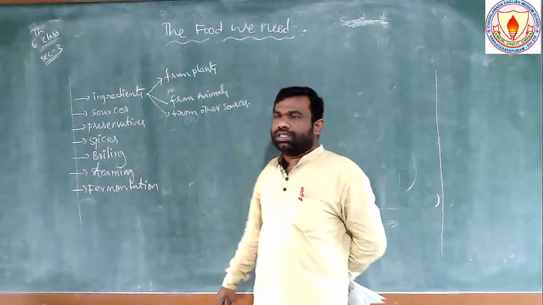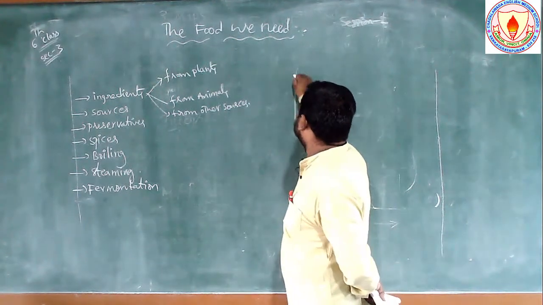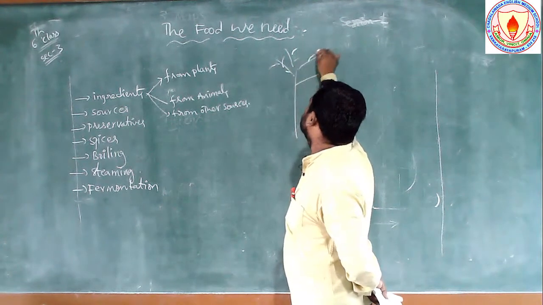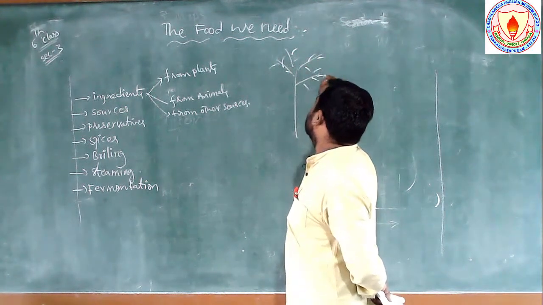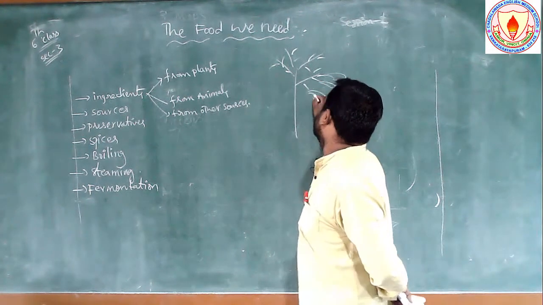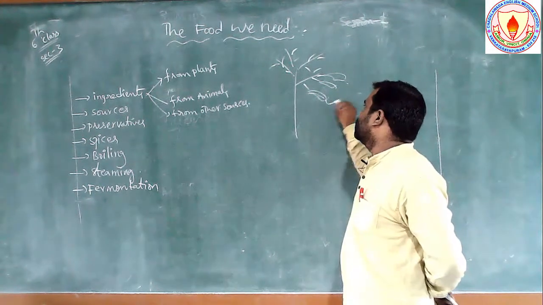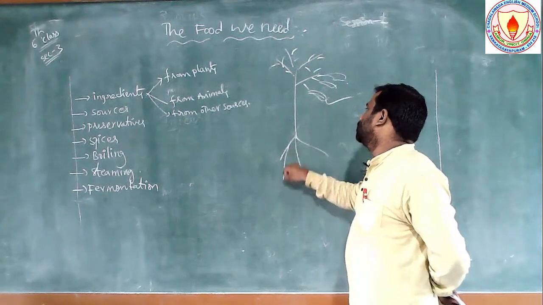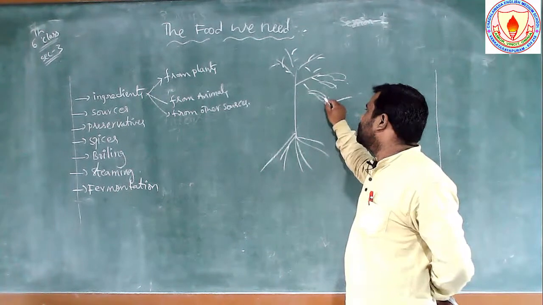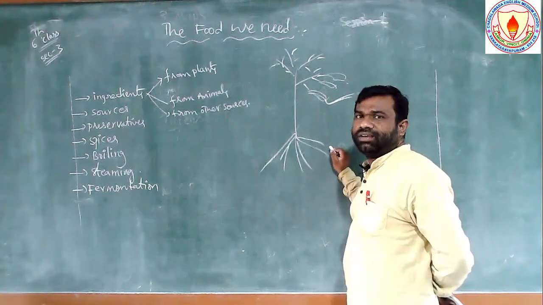Yes or no? Say for example, there is one plant. These are the leaves. Coriander leaves and curry leaves we are using from the plants, to make the food material.